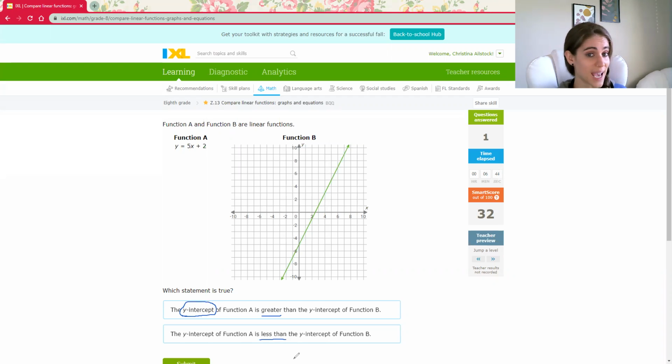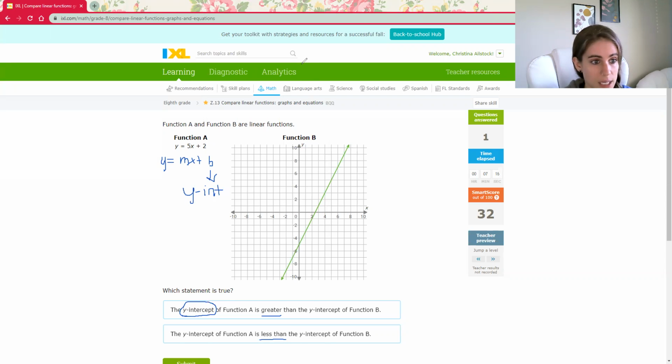For function A, which is my equation, it's very similar to the last problem, where I don't actually have to do any math. I just need to look at it and see what the y-intercept is. When my equation is in slope-intercept form, y equals mx plus b, the m represents our slope, and the b, our constant, is what represents the y-intercept.